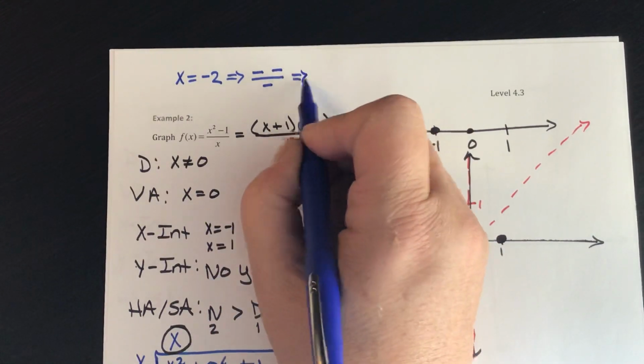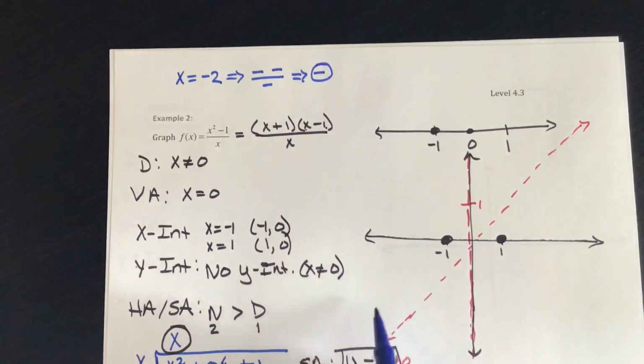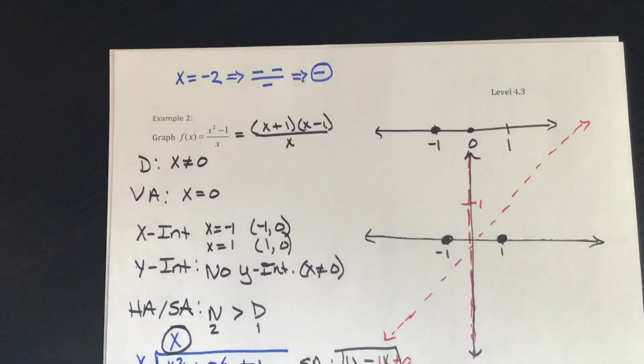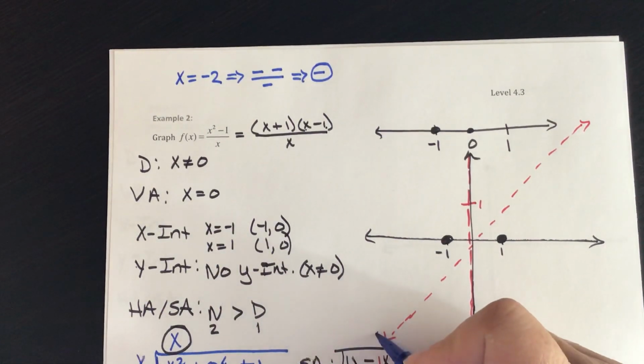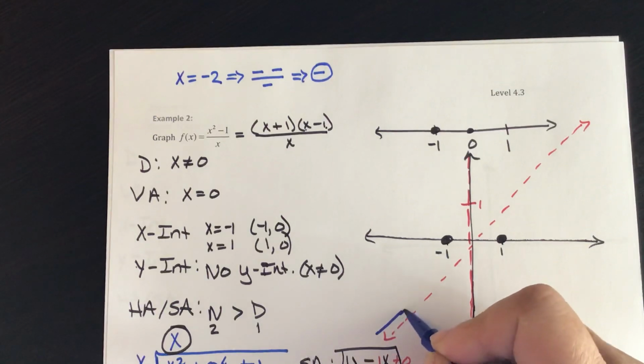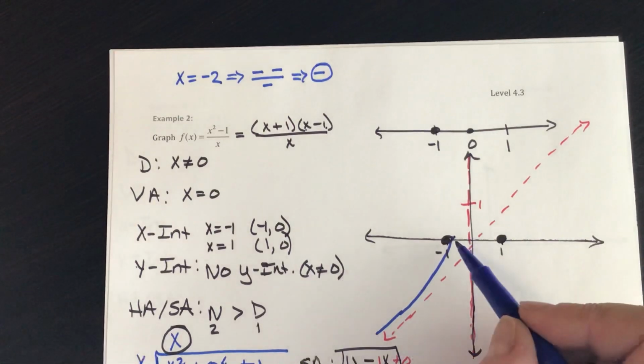So this is negative. So left of -1 is negative. That's going to look like this. It's going to come from approaching my slant asymptote, and then it's going to hit my x-intercept at -1.